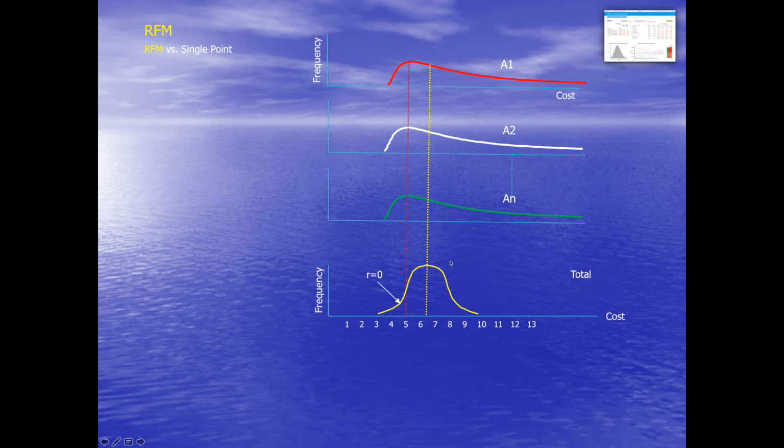Now we go back. r equals 0, n is large. r equals a number larger than 0 but smaller than 1, and it's no longer bell-shaped, and the most likely cost has moved to the right to a higher value.